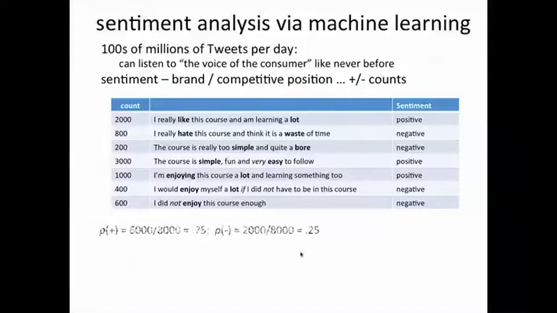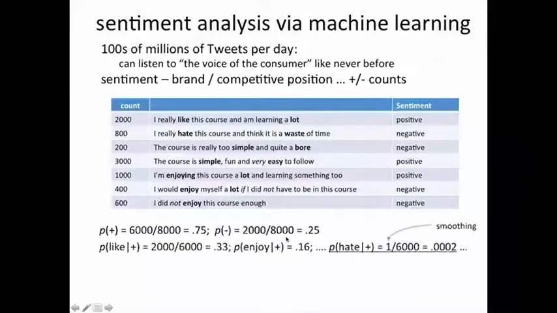First, we need to compute the a priori probabilities, that is the overall chance that a comment is positive, which is simply the number of positive comments divided by the total number of comments, which is 8,000 in this case, 6,000 of them being positive. And similarly, the probability of a comment being negative a priori, which is the number of negative comments divided by the total.